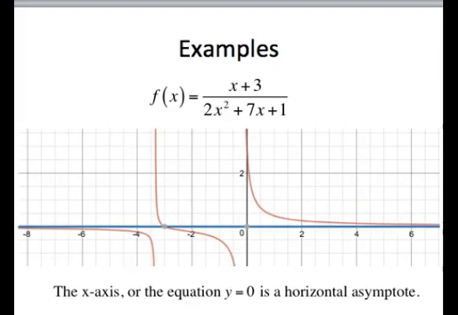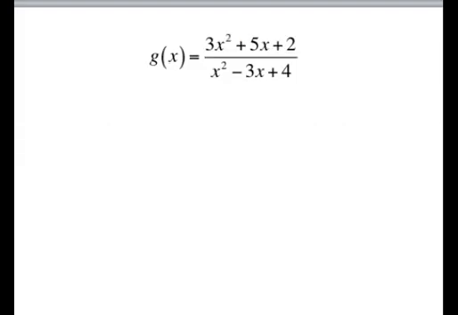So let's take a look at another example. We have g of x is 3x squared plus 5x plus 2 over x squared minus 3x plus 4. Both of those are polynomials, so it satisfies the conditions of being a rational function. Now we're interested in identifying the horizontal asymptote, so let's look at the graph and see if we can determine what that's going to be.